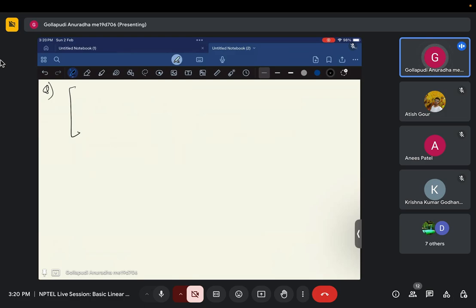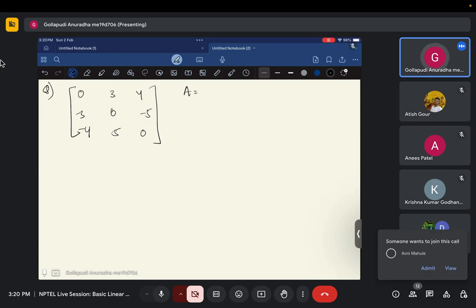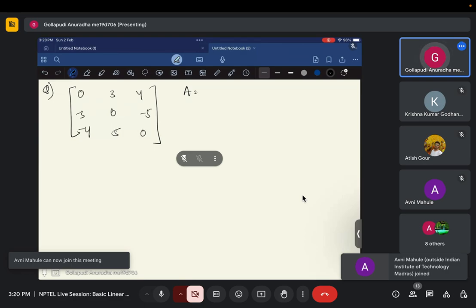Try to find the rank of the matrix, which I'm showing here. As I said, to check whether the inverse exists, we reduce the matrix to reduced row echelon form, and if we get the identity matrix, then A is invertible.